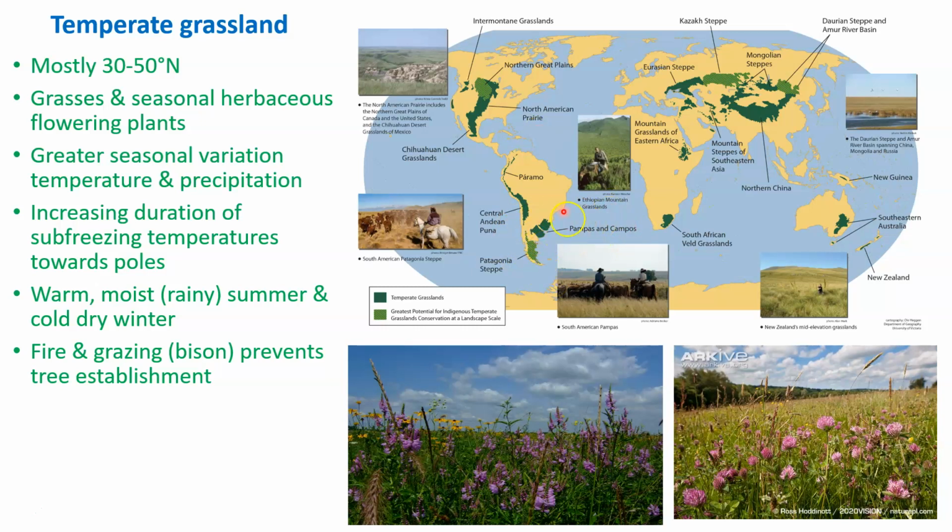Those are also very well-known grasslands in the South American realm. And then some grasslands also occur in South Africa. Those South African grasslands are quite rich in diversity. And then steppe grasslands that occur towards Central Asia. There are different types of steppes that you find over there. And then of course some patches of grassland in Australia as well.